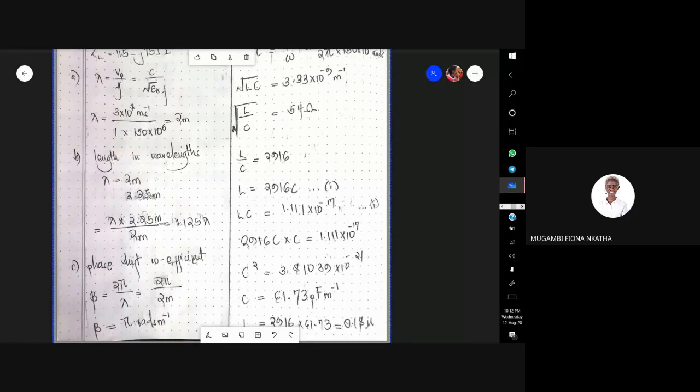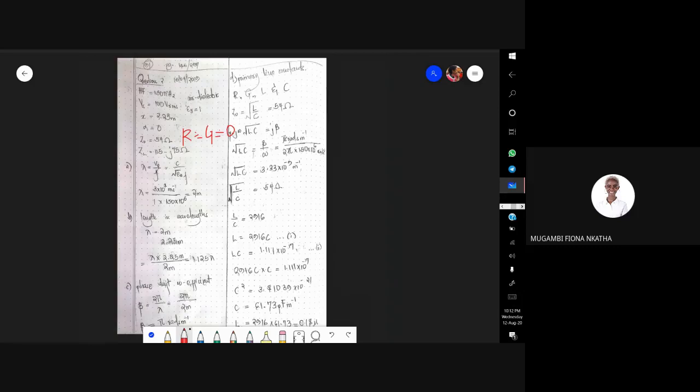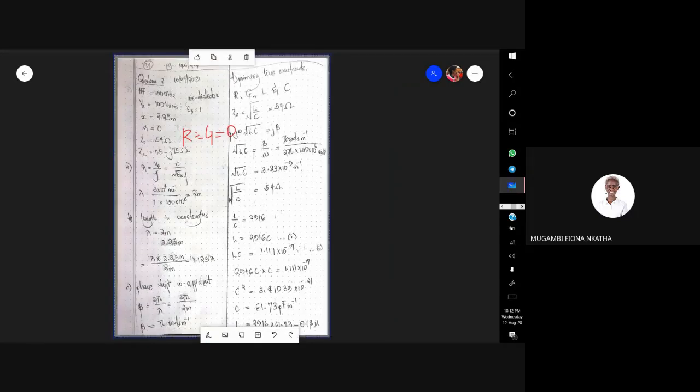So what about 2.25 meters? You do that and you find 1.125 wavelengths. Then you do the phase shift coefficient. The phase shift coefficient is beta, right? So you divide by the lambda.